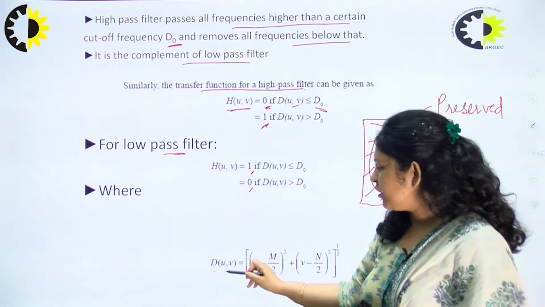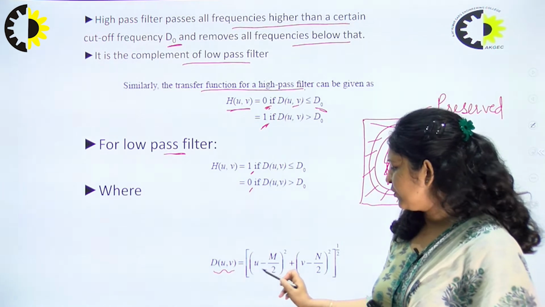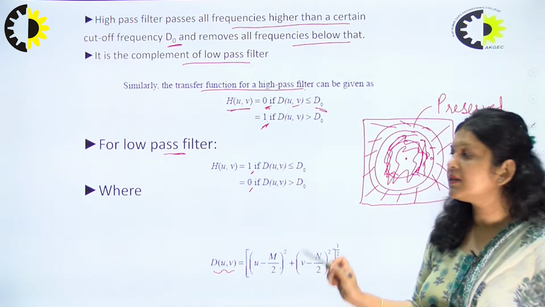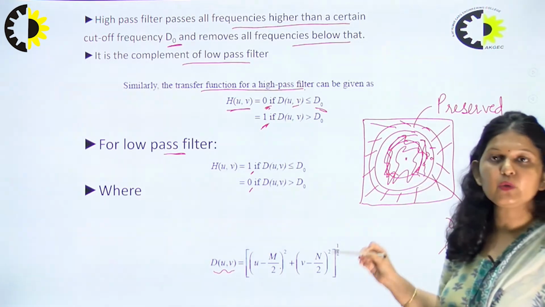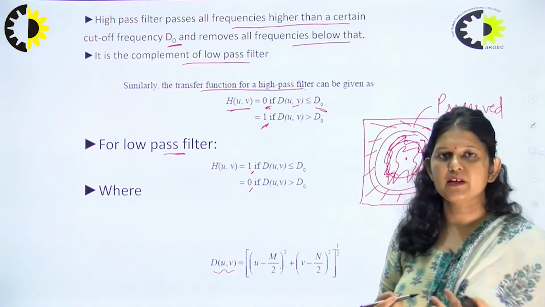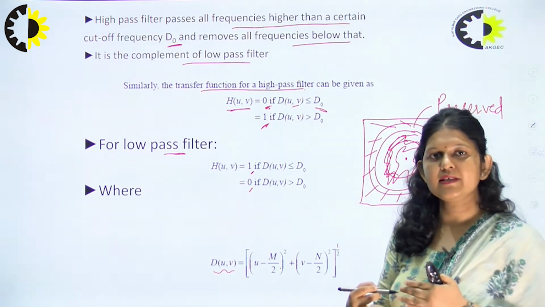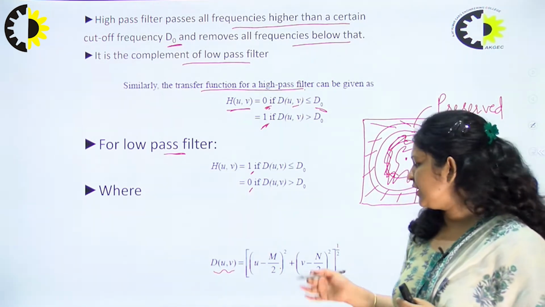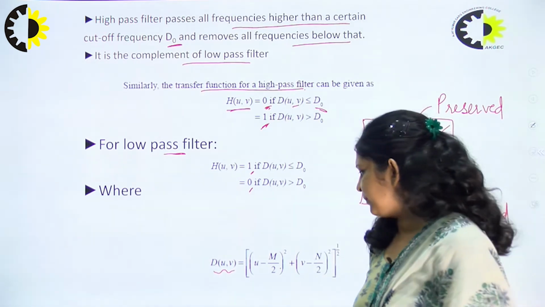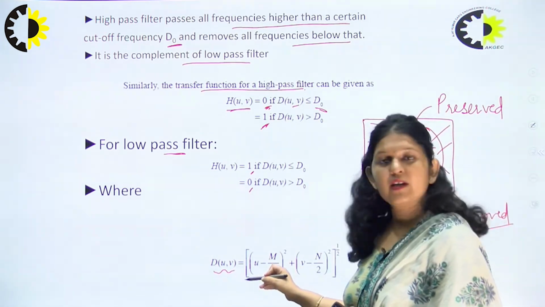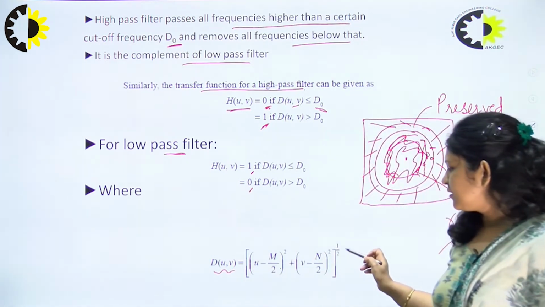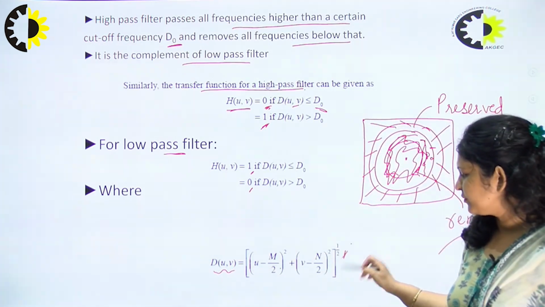Where the value of D of u comma v is measured from the center, M upon 2 comma N upon 2. M and N are the number of frequency components in the horizontal direction and the vertical direction respectively. So the distance is actually the Euclidean distance. That's why we have taken the power 1 upon 2, that is, the square root.